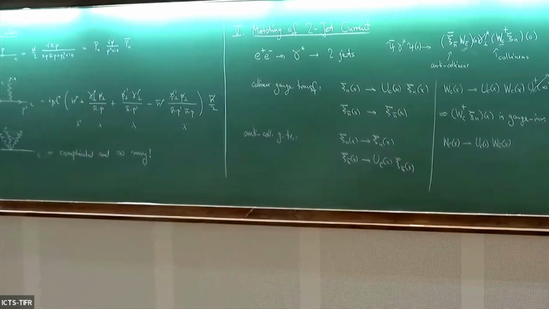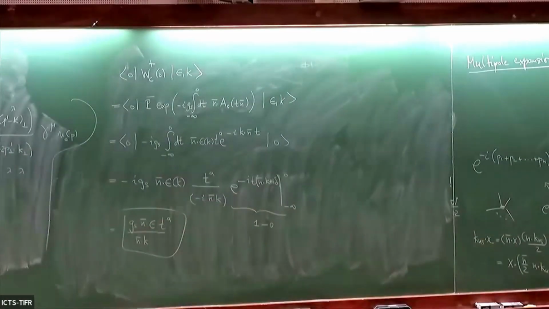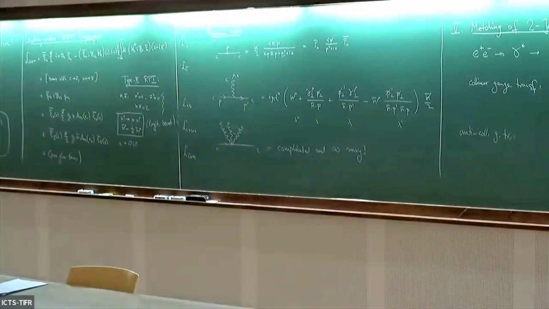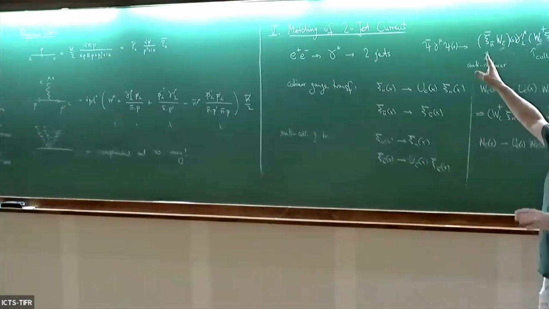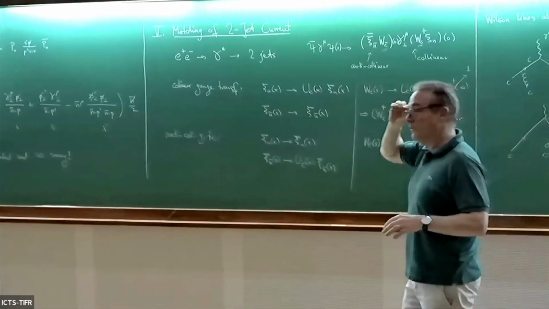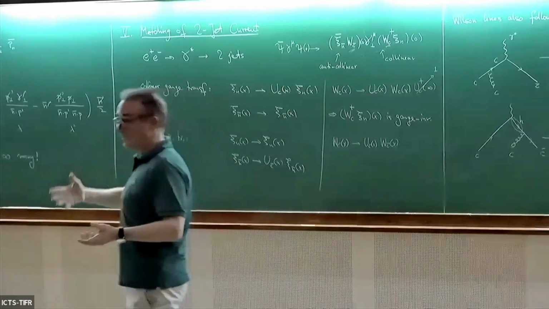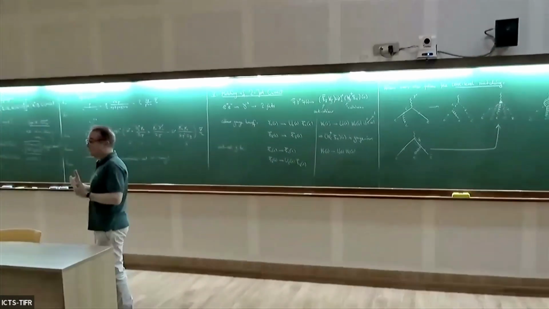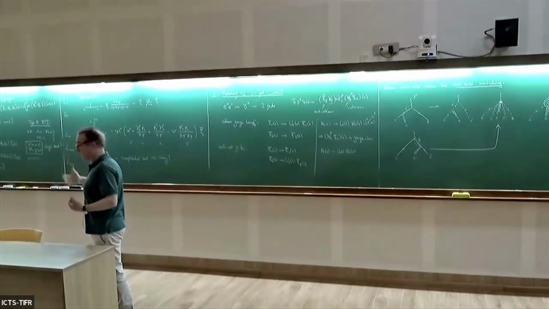Then we'll discuss how this Wilson coefficient runs with the scale mu, which renormalization group equation it satisfies, how one solves this equation, and how one proves factorization based on these constructions.